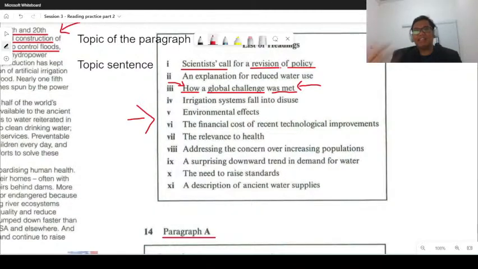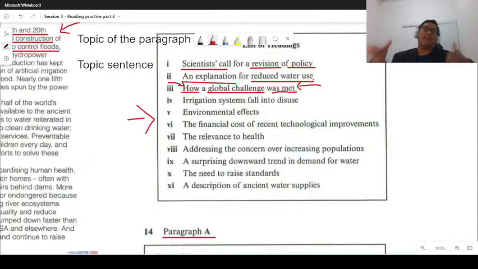Some sort of editing, or maybe transformations of the policy, etc. For heading number two, we're looking for an explanation, so probably for a cause, or for a happening, for an accident. In this case, reduce water use. So an explanation for reduced water use, but still you're looking for a paragraph in the form of explanation.